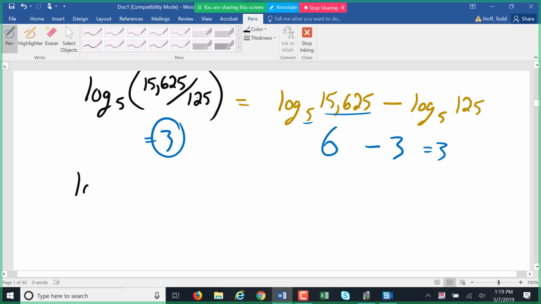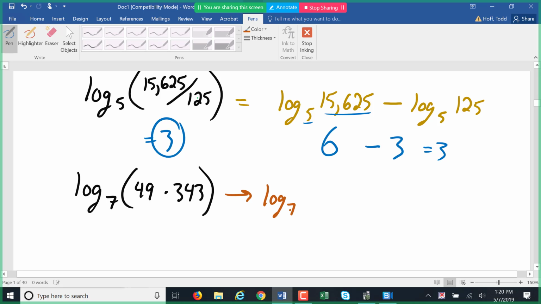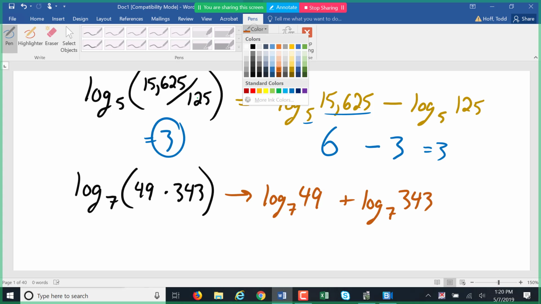Back to our first one. Log base 7 of 49 times 343 can be split into log base 7 of 49 plus log base 7 of 343.